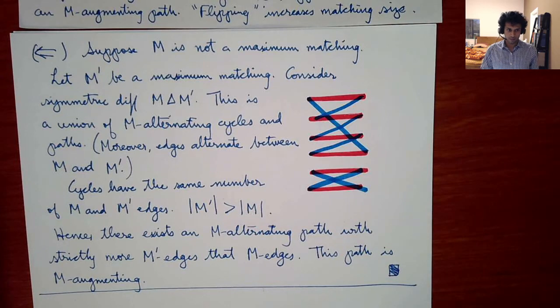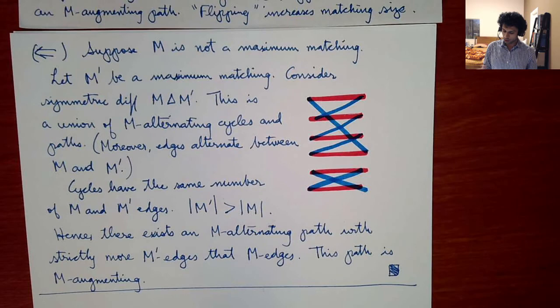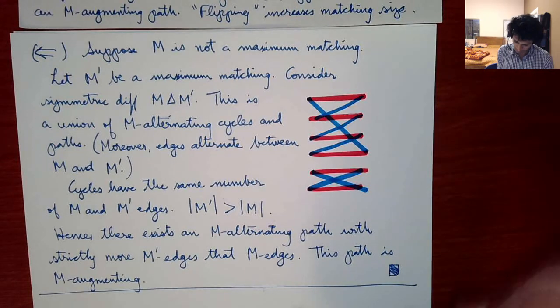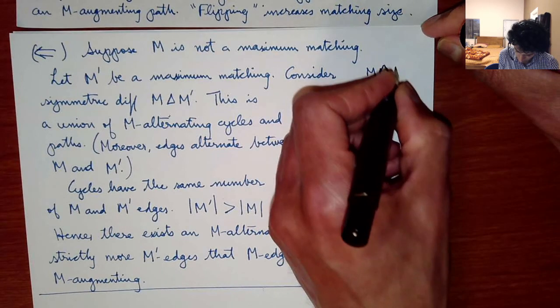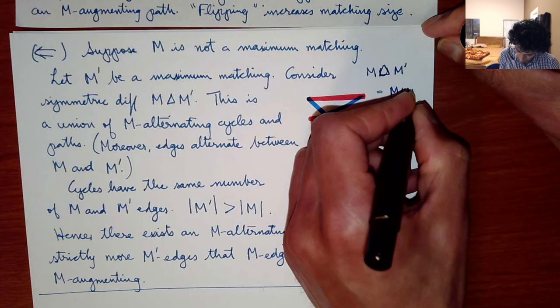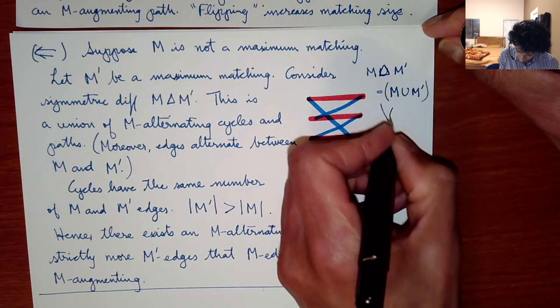Sorry, I wasn't familiar with what a symmetric difference between two graphs is? Well, you have two sets of edges. The symmetric difference contains all the edges that are present in one but not the other. I'll write this over here. So M delta M prime is basically M union M prime, set difference M intersection M prime.